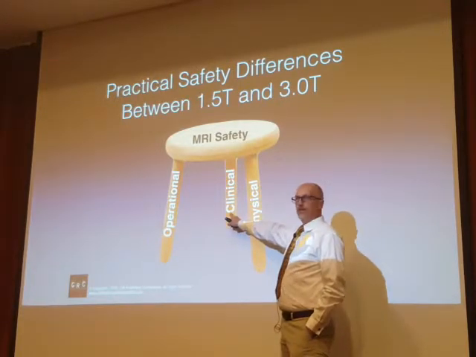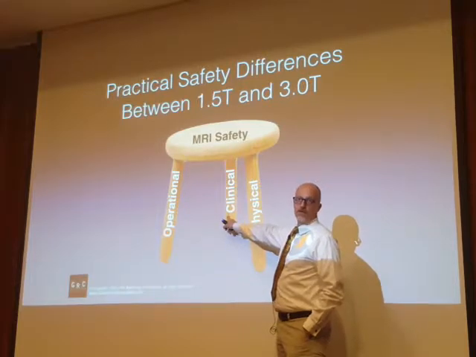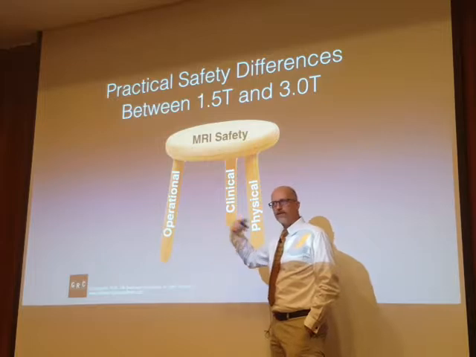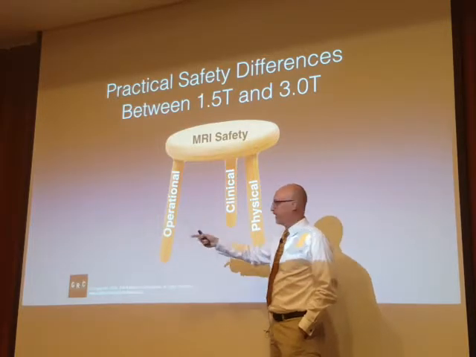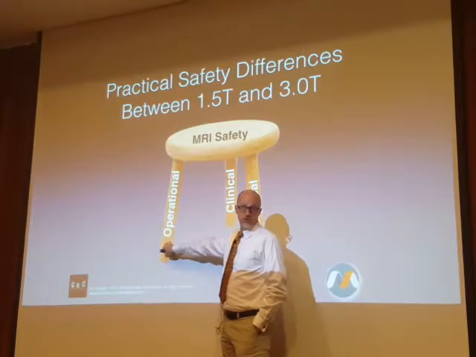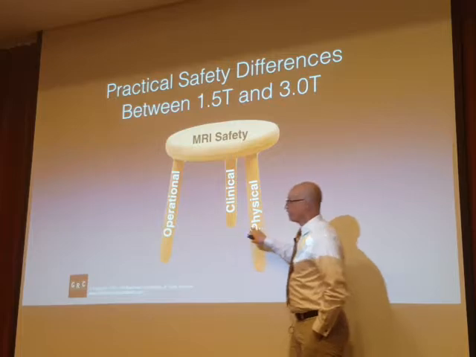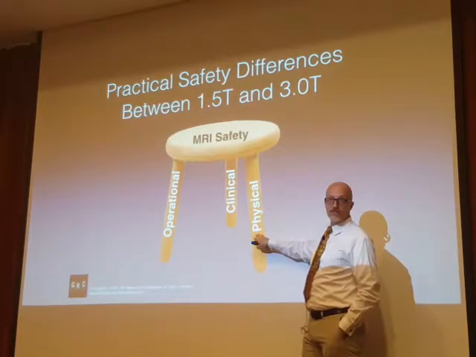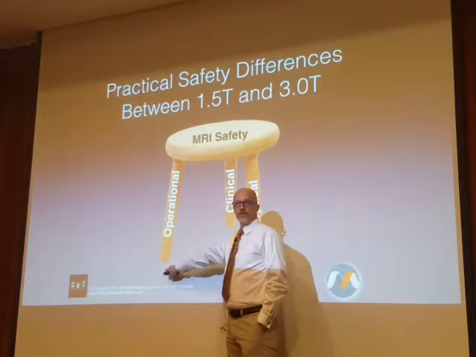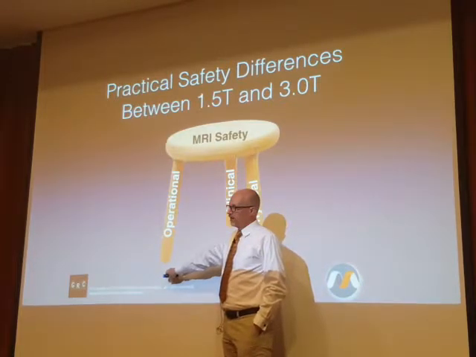We may change a little bit of our clinical decision-making as we go from 1.5 to 3, based on the length of an object and its potential for heating. But operationally, in terms of how we screen patients, how we train our staff, our physical environment, how we restrict access, those sorts of things, these two legs of the stool shouldn't change.